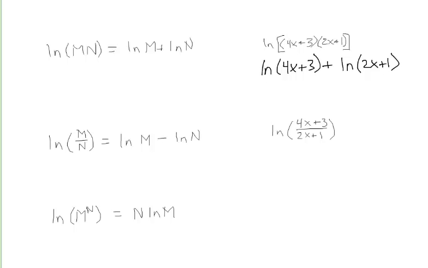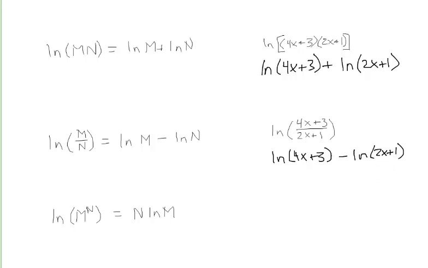The second property is the ln of m divided by n is equal to the ln of m minus the ln of n. So in this case, we'd have ln of 4x plus 3 divided by 2x plus 1 is equal to ln of 4x plus 3 minus ln of 2x plus 1.